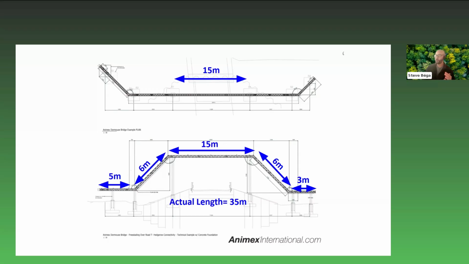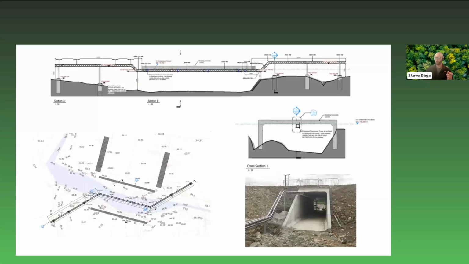And just to highlight something, we insist on a minimum of 2 meters of bridge extending into suitable vegetation at each end. But the more of a structure that you can embed or entangle, however you want to describe it, become engulfed in vegetation, then there's an increased likelihood that animals will be able to find and therefore use it.